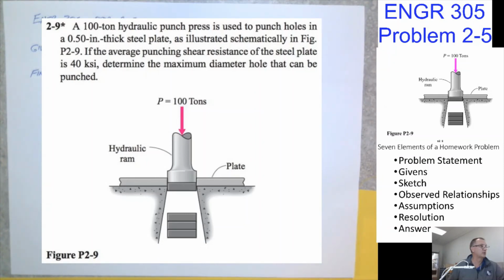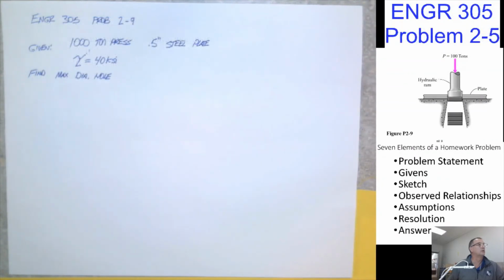Let's go through what do we know. Engineering 305, problem 2-9. The givens: I've got a 1,000-ton press. That means the maximum force it's going to deliver is 2,000 pounds per ton, so times 1,000, so it's 2 million pounds.